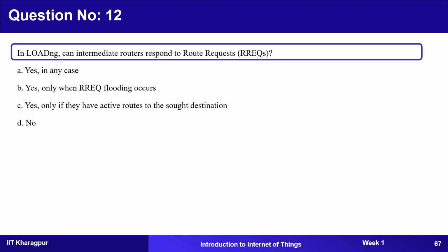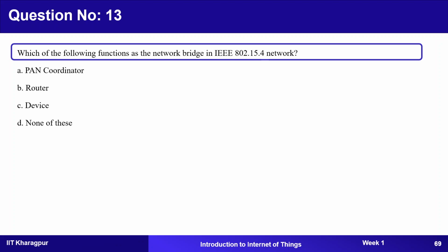Question number 13: which of the following functions as the network bridge in an IEEE 802.15.4 network? Options are PAN coordinator, router, device, none of the above. These are from NPTEL videos. The correct option is the PAN coordinator.